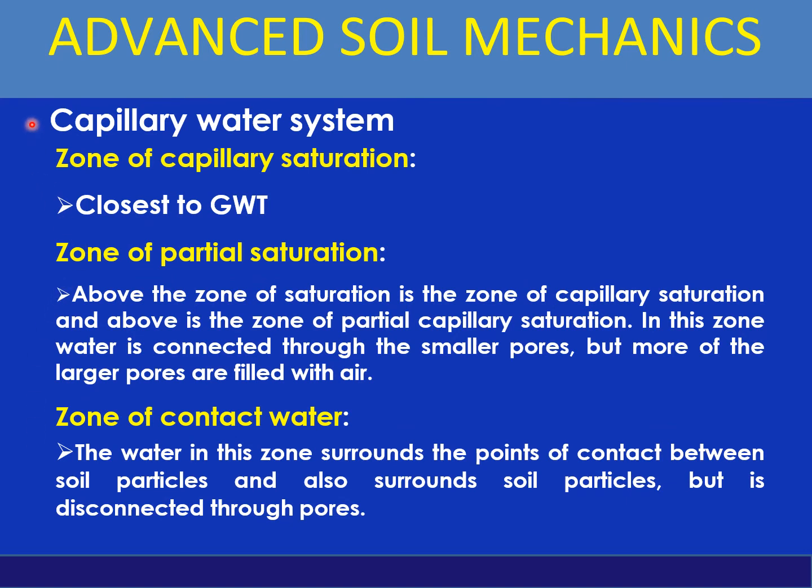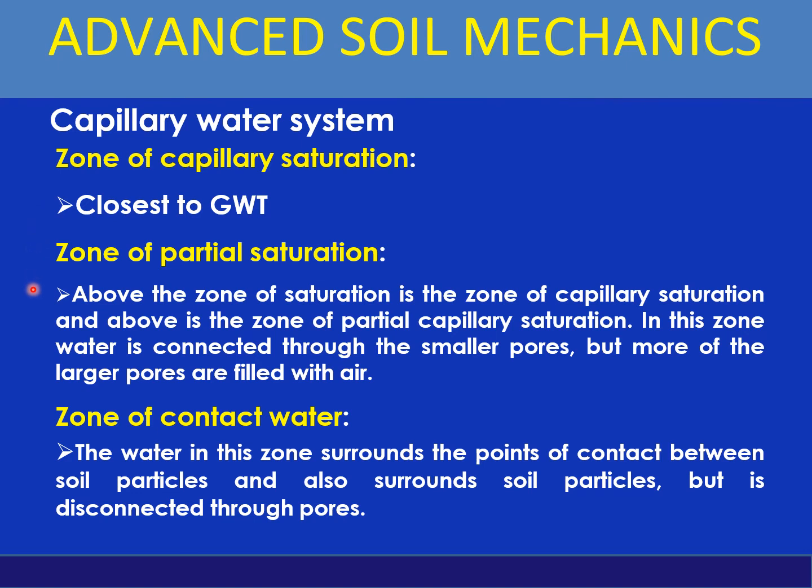Capillary water system. So we are having the three important zones: zone of capillary saturation, zone of partial saturation, zone of contact water. So just go through that. Zone of capillary saturation, that is the closest to the groundwater table. Then zone of partial saturation.